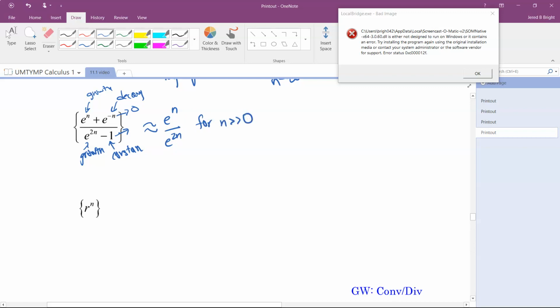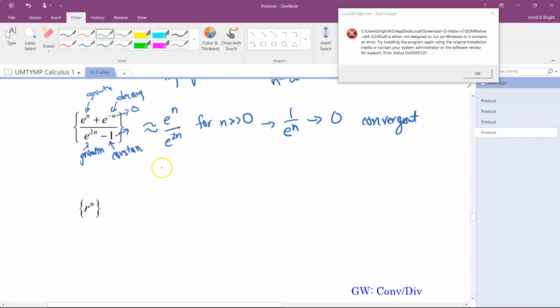Okay, that's kind of the shorthand notation for that. And when we look at that, this is the same as 1 over e to the n by laws of exponents, and this is going to approach 0, so this is going to be convergent. Okay, that's just an outline of the logic.